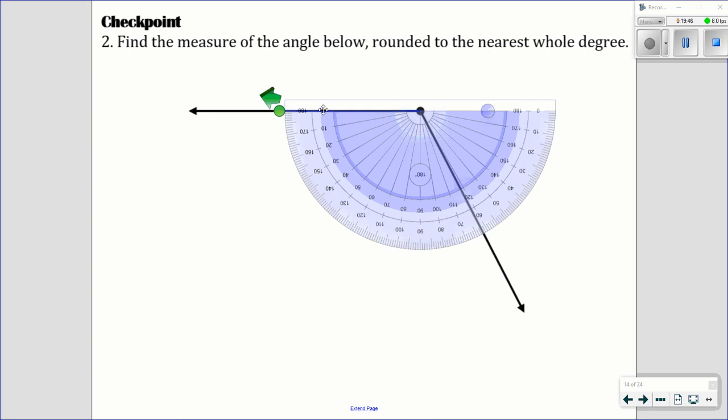So I see it's 0. I'm starting here, and I want to see what the angle measurement is when I end up here. So I'm going to use 0 and then count up. I'm using the inside numbers, and it looks like it is approximately 118 degrees.